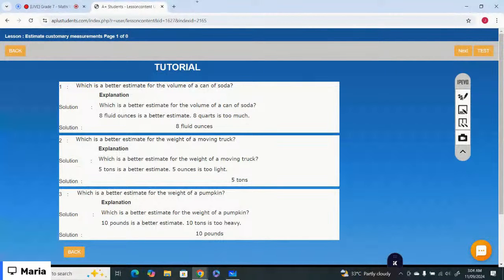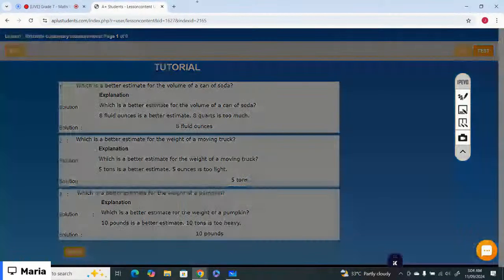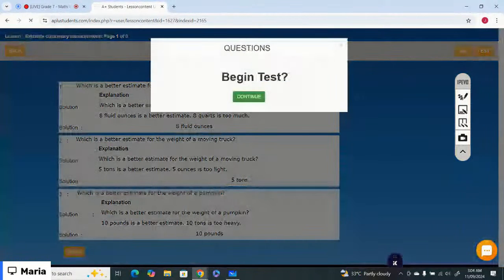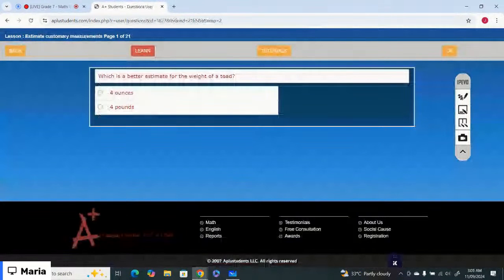Let's start with the test questions. You can see the session 7 it is. Which is the better estimate for the weight of a toad, 4 ounces or 4 pounds?